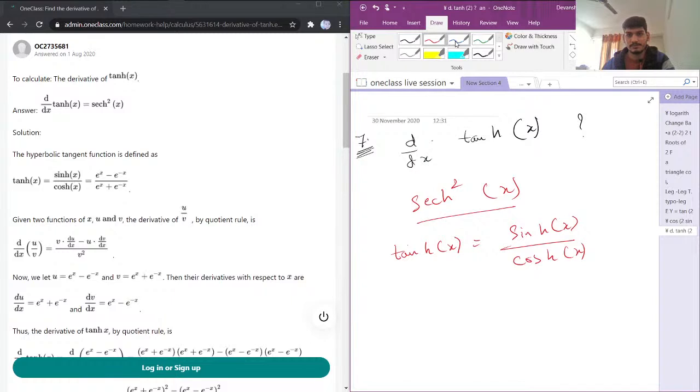Now my sine hyperbolic of x will be, there is one property, e power x minus e power minus x over 2. It was 2, or I think it was 2i. I'll just confirm this.